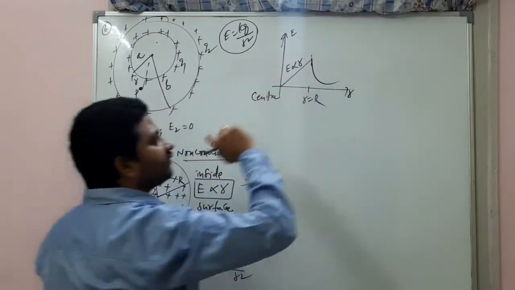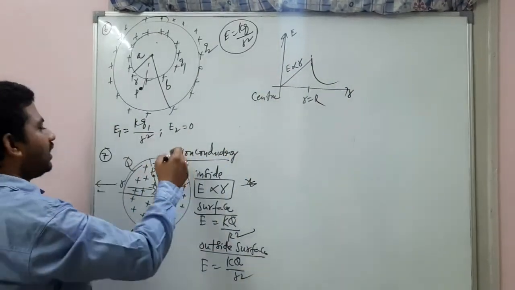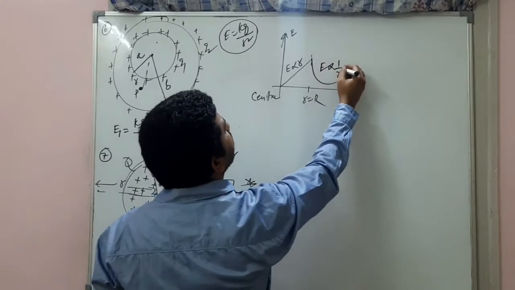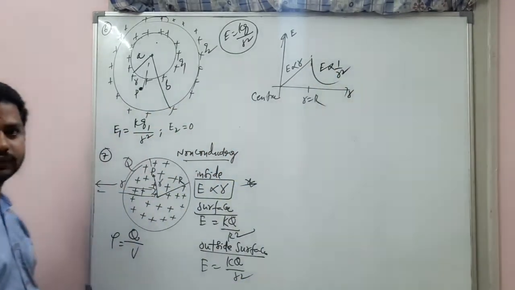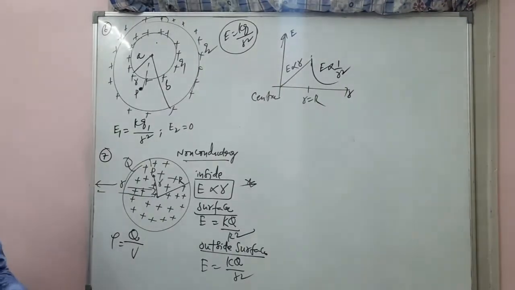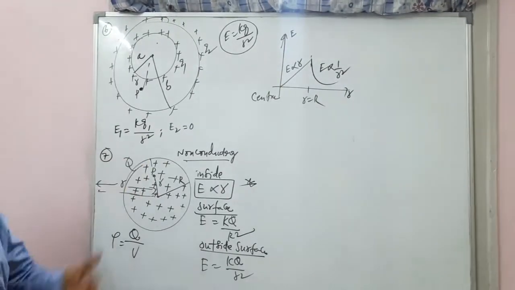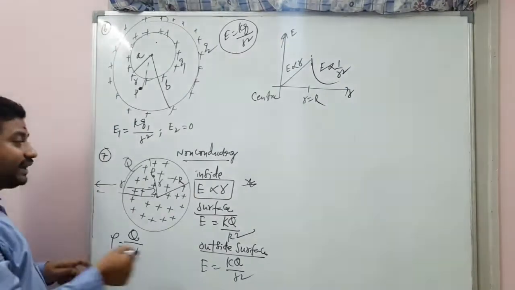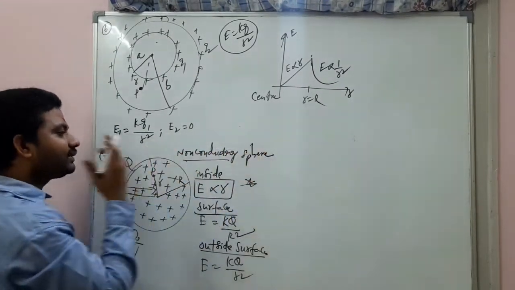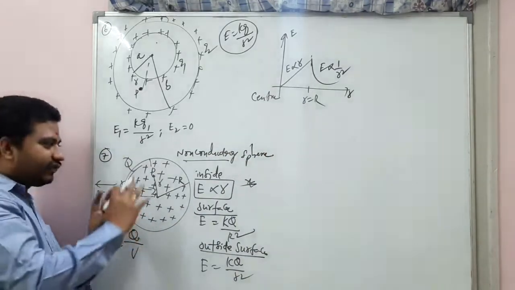Outside the surface, from the surface to the outside, electric field is inversely proportional to r square. Remember this. The acceleration due to gravity graph you will also get the same. You can consider this non-conducting sphere as the surface of the earth.